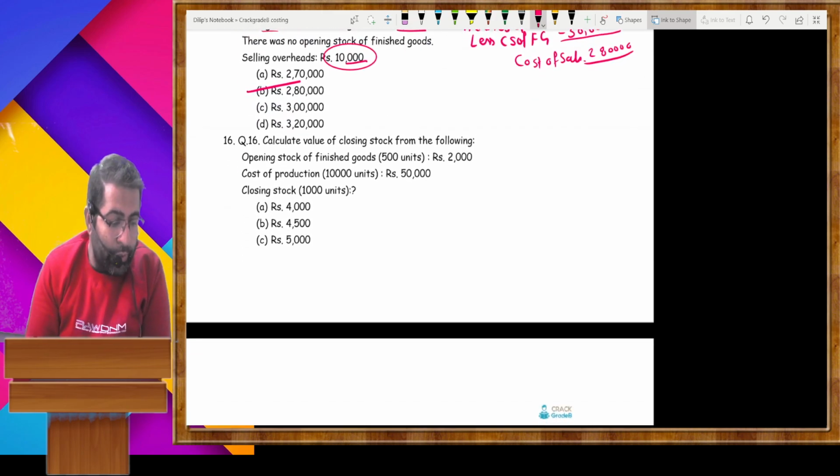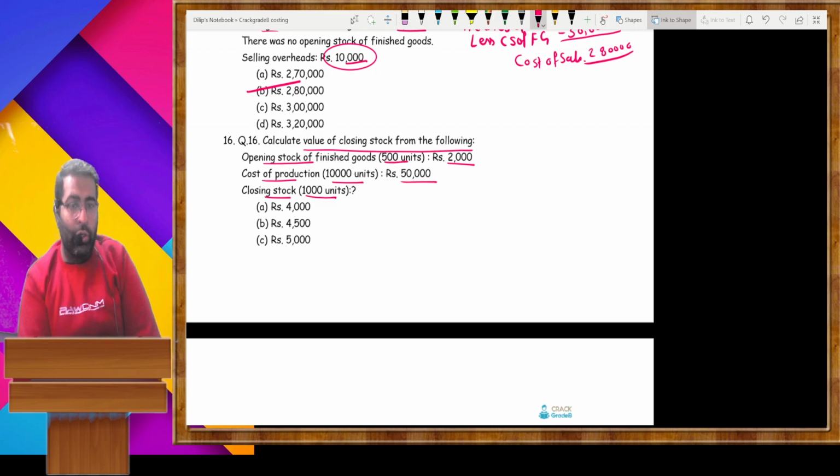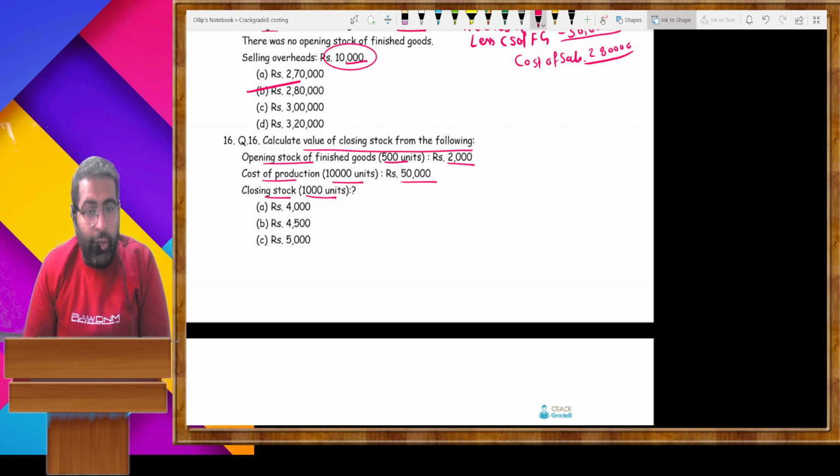Okay, question number 16. Calculate the value of closing stock from the following. Opening stock of finished goods 500 units, 2,000. Cost of production 10,000 units, 50,000. Closing stock 1,000. Now calculate the cost. Think it.